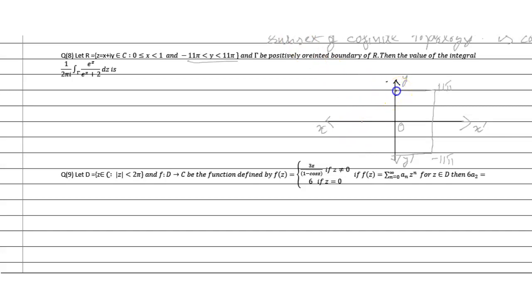It is 0 to 1. And you will see 1 by 2 pi i, closed integral of e to the power z divided by e to the power z minus 2 dz. This is compared with the argument principle.